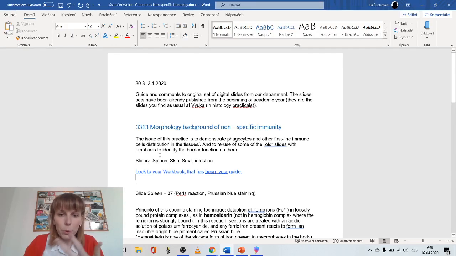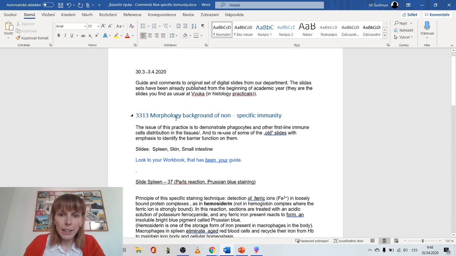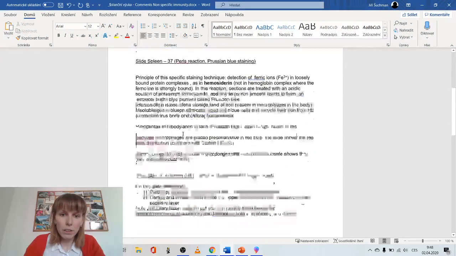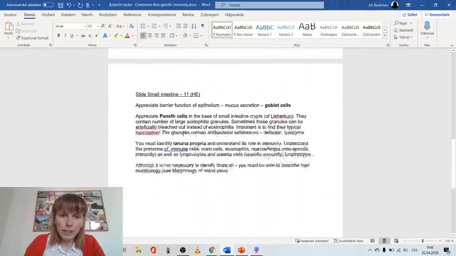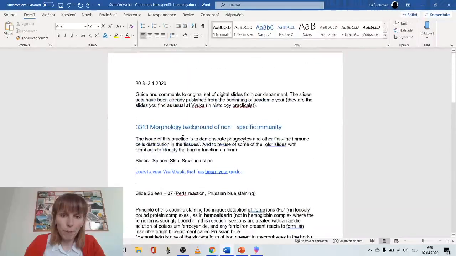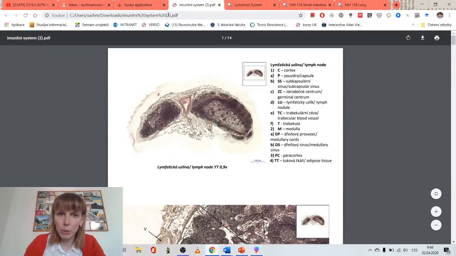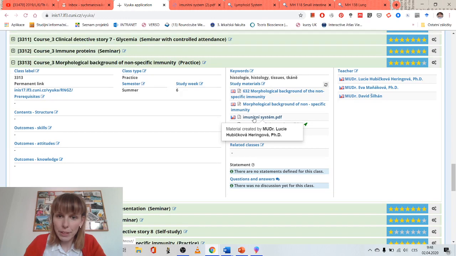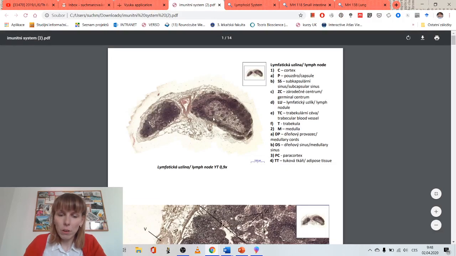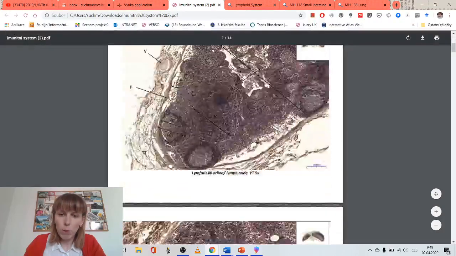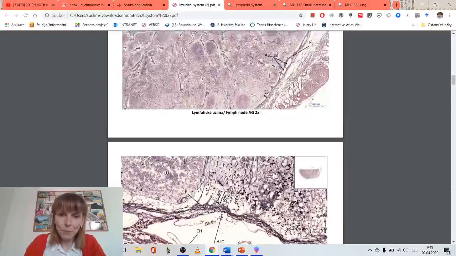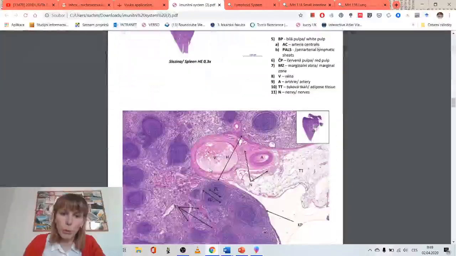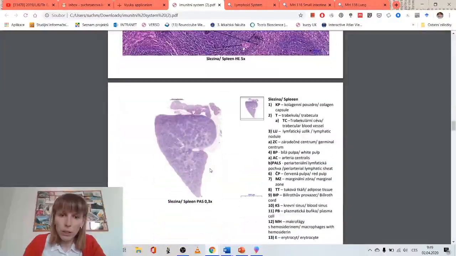You have your workbook, you will have the presentation, plus here you have some theoretical texts to go through for this lesson as well, available on VUCA. And this file labeled imunitní systém, for some reason it's in Czech. This one is also a very nice overview of some of the slides that we will go through. So that's also very useful for repetition.